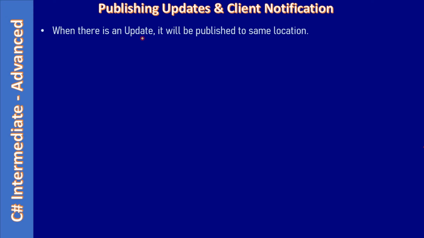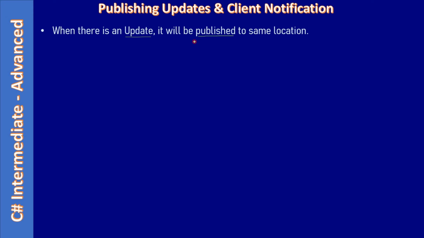So when there is an update, it will be published to the same location. That means we are not going to change any of the settings. We will change our application. We will call this an update because we will change the version numbers. Then we will publish the application to the same location.